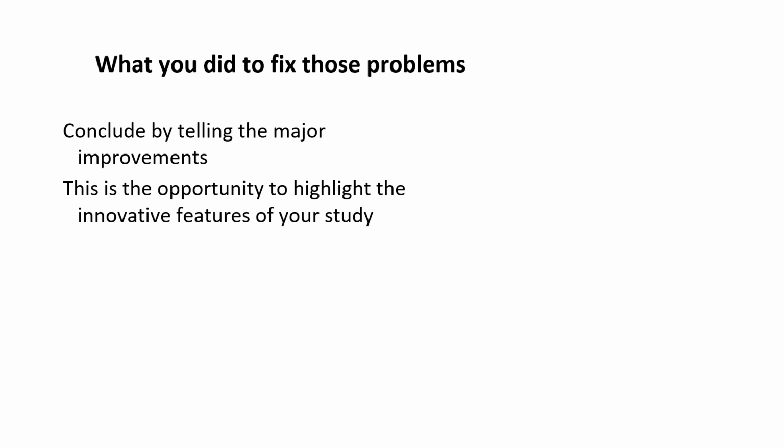And this is also the opportunity to highlight the innovative features of your study. Innovation is always important. You have to show us and convince the reader that you have used some new ways of doing something. And then you have to state your objectives very clearly.